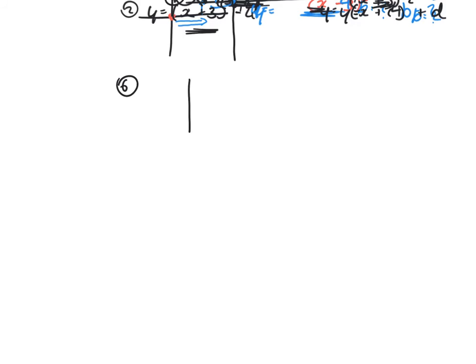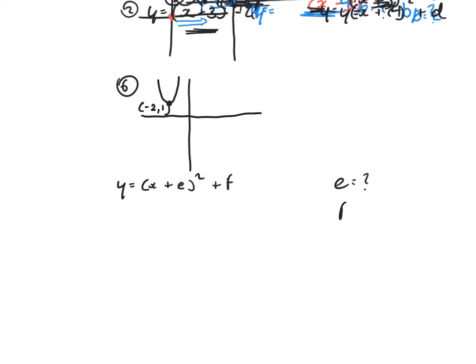Okay, example 6. And we've got a parabola which goes through the turning point minus 2, 1. The parabola is of the form y equals x plus e all squared plus f, and we want to find e and f, and therefore the equation of the parabola.